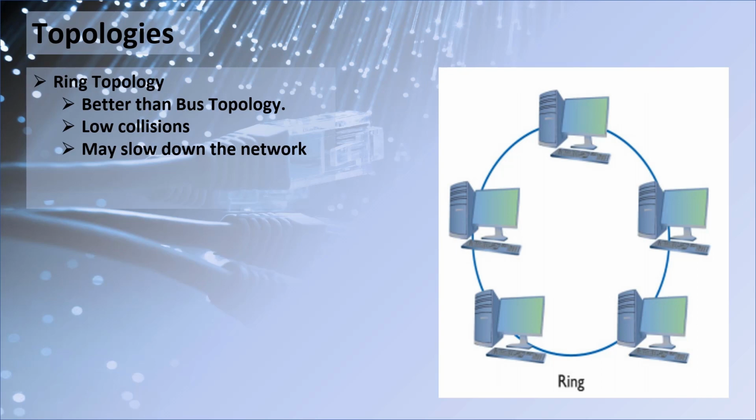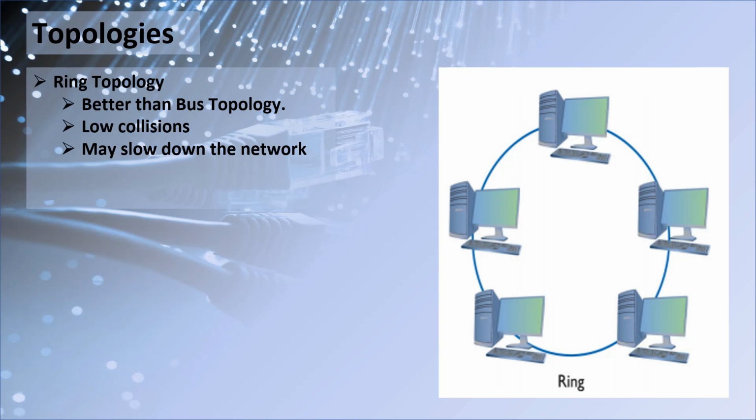To provide media access, the ring topology uses a method called token. The token revolves around the ring and checks with each node whether that node has anything to transmit. Thus there will be less collision in ring topology, and it is better than bus topology in that sense.